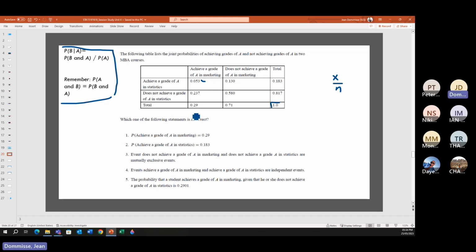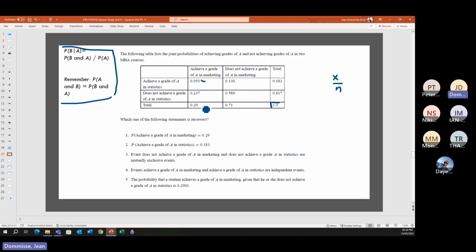So we know from this that 0.29 of students achieved a grade of A in marketing. There's 0.71 that did not.